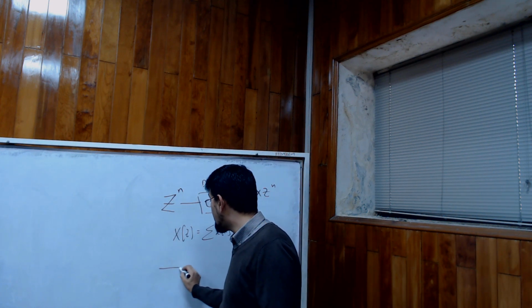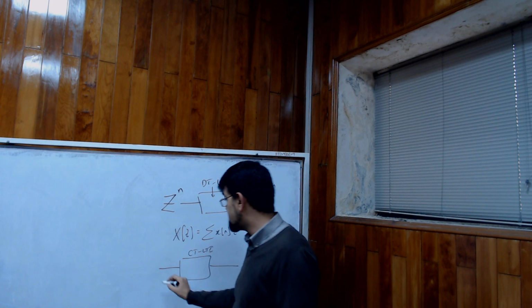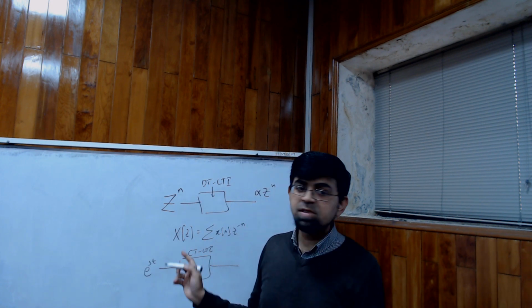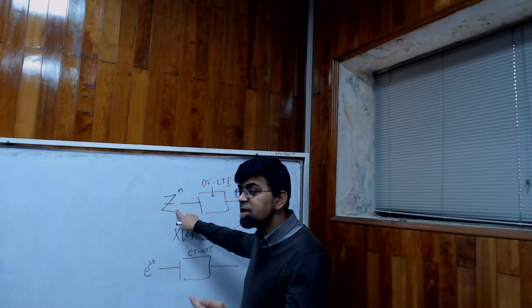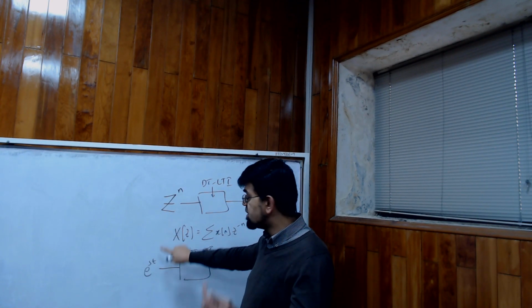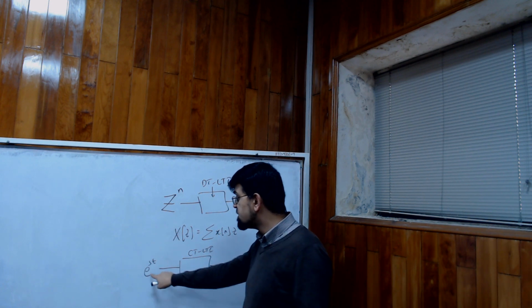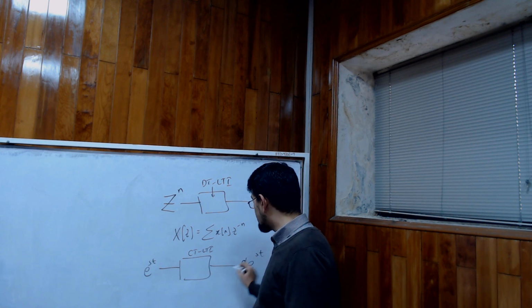Now, in case of Laplace, this was converted to continuous time LTI systems, and there this complex exponential, right? This is a complex exponential in discrete time. This is a complex exponential in continuous time. We notice that this complex exponential was the eigenfunction.